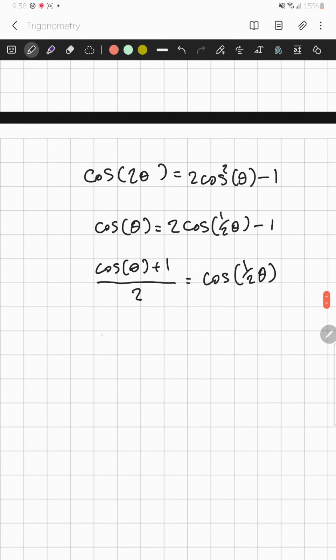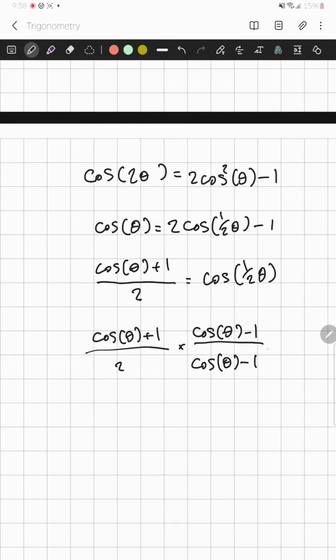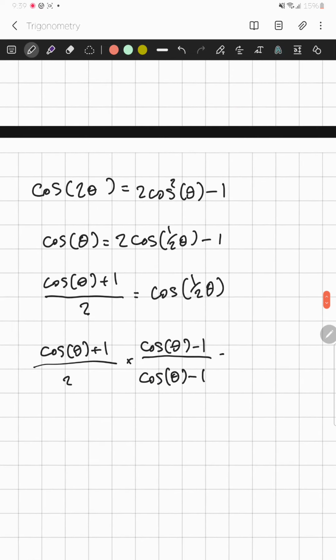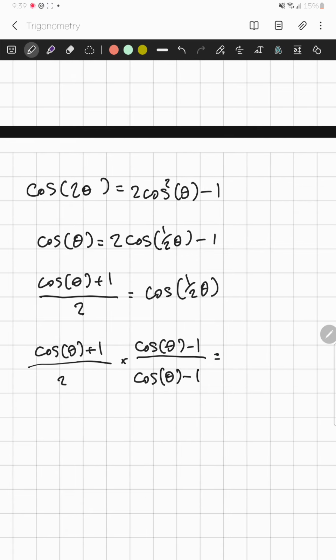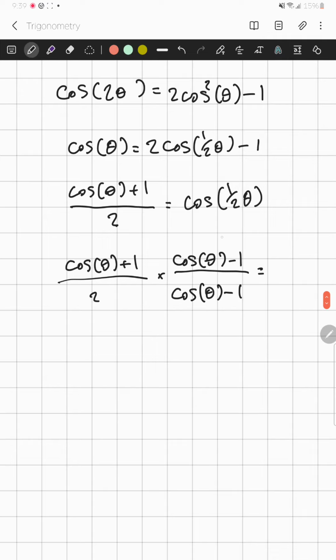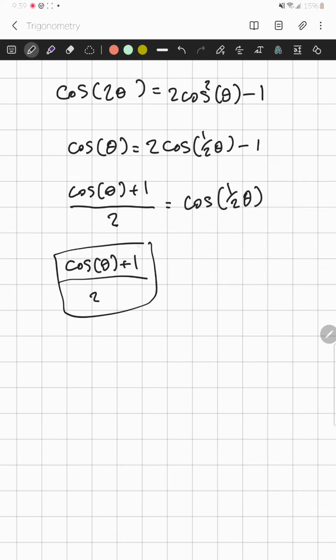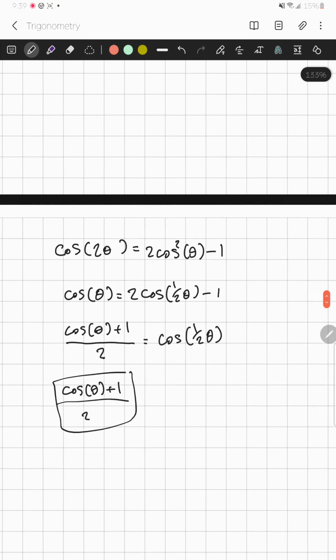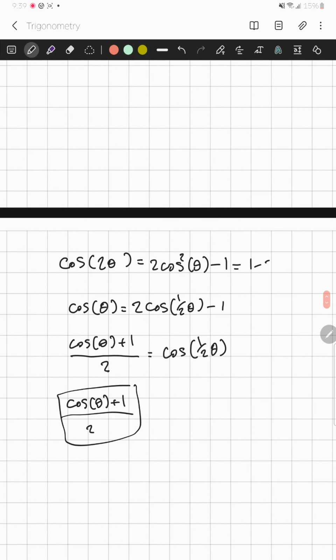And now we multiply by the conjugate. I'm sorry, don't multiply by the conjugate. That's the finest form.